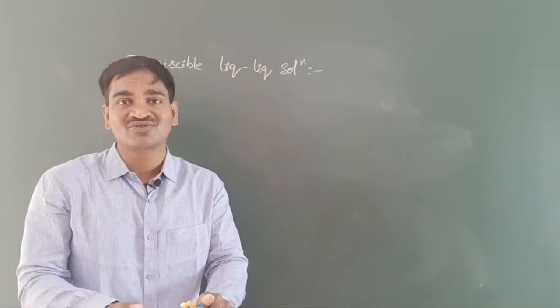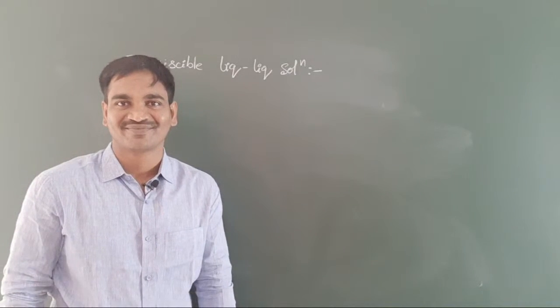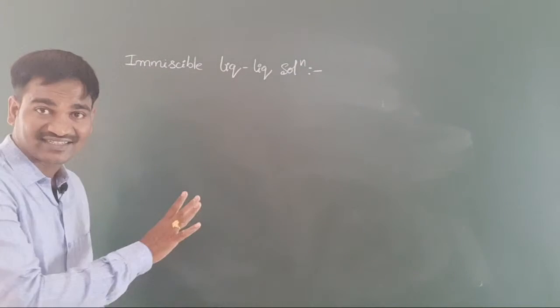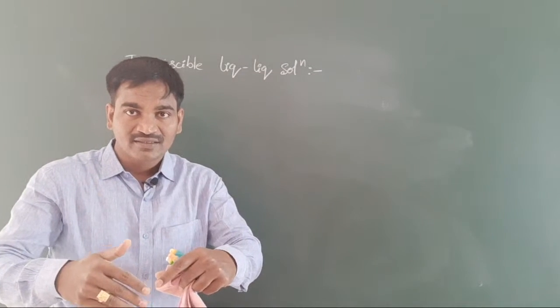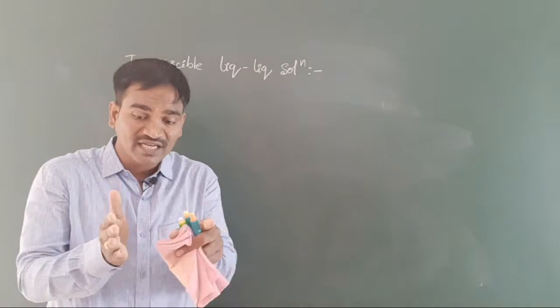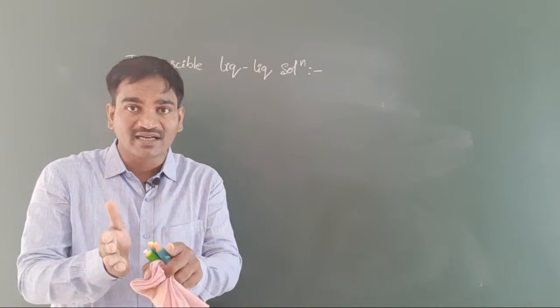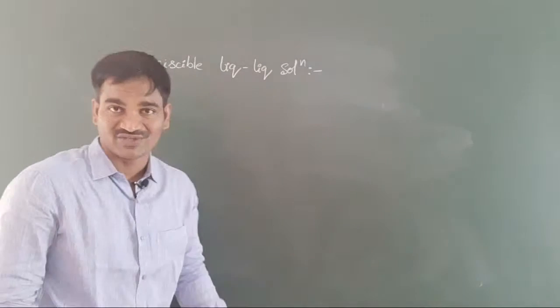Whenever you mix two liquids, they mingle with or mix with each other. Have you got it? But here it is not like that. Here, two liquids if you mix, they won't mix with each other. Those A and B are together, but they won't mix. Those are called immiscible liquid solutions.